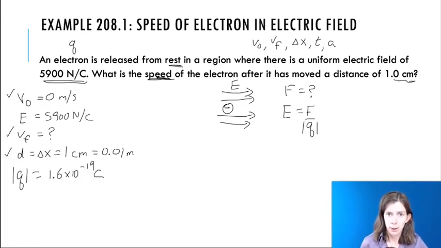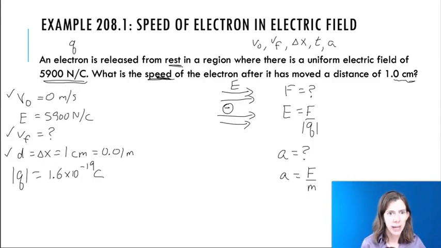Well, got to think a little bit here, but if we know force, then we know that force is also related to acceleration. We know from Newton's second law that acceleration is force divided by mass. So this ends up being a 3-step problem. We're going to need to find the force using this equation, E equals F over Q. We're then going to need to find the acceleration using force per mass.